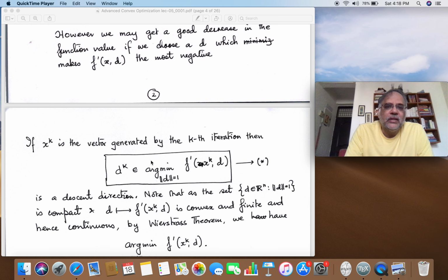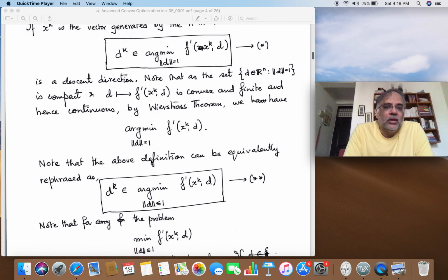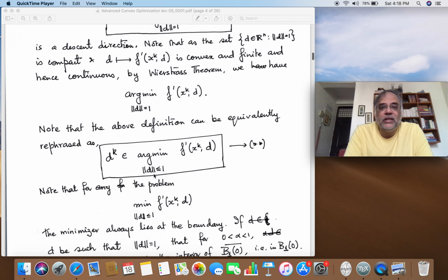Of course, for this problem the solution would exist because the sphere in Rn, which is written as S^(n-1) by mathematicians, is a compact set, and the directional derivative is a continuous function, and hence it will give me a solution. Of course, we can write it equivalently in the form of this problem, double star, where we not only take the sphere but take everything inside, that is, the closed unit ball.